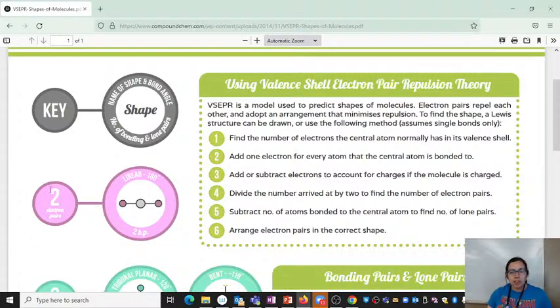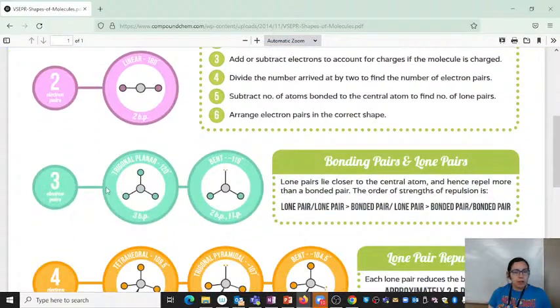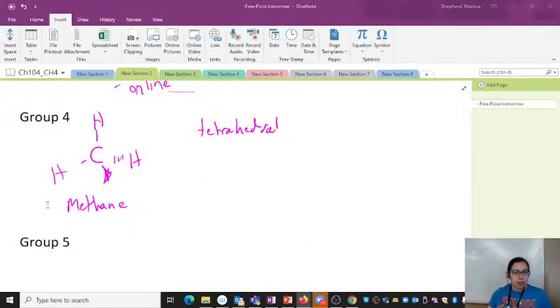When it says electron pairs, this could either be atoms that it is bonded to, or if it has lone pairs, each lone pair is an electron pair. So if we look at methane, our central atom has 4 different atoms attached to it, so 4 electron groups.